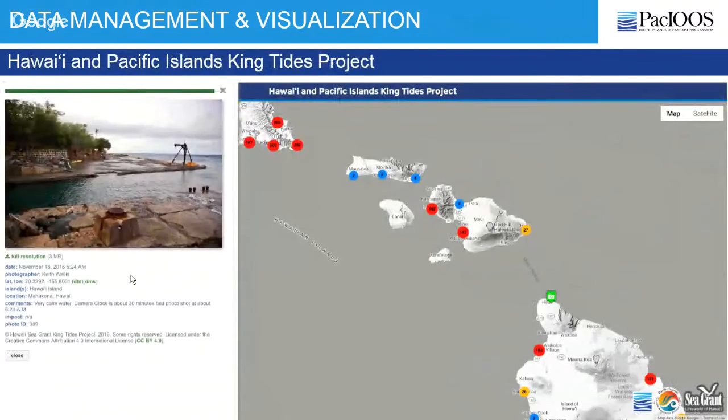We've also worked with Hawai'i Sea Grant to develop a platform for their king tides project, where they try to get citizen scientists to take pictures along the shoreline and track what impacts the king tides have left. And so we serve the photos so that people can actually see what's going on.